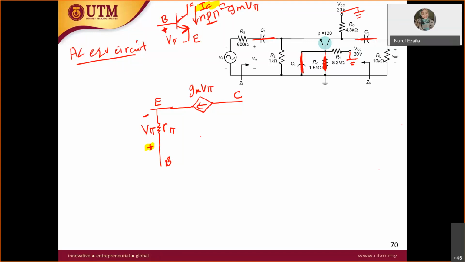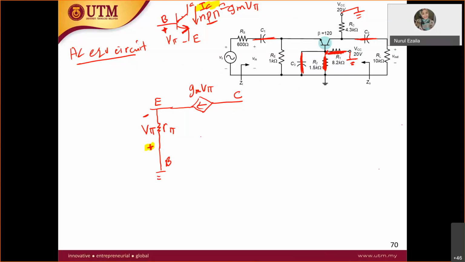From this node to the ground, and from this node to the ground also. R1 is also short circuit. Therefore, at the base here, there is no resistor RB. It goes straight to the ground.